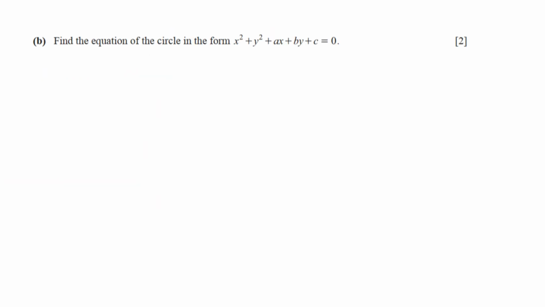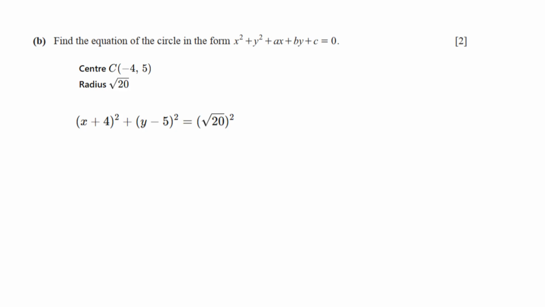Next part of the question is find the equation of the circle in the form x square plus y square plus ax plus by plus c is equal to 0. Here we know the center of the circle and the radius also. So the equation of the circle is x plus 4 the whole square plus y minus 5 the whole square equal to square root of 20 the whole square.